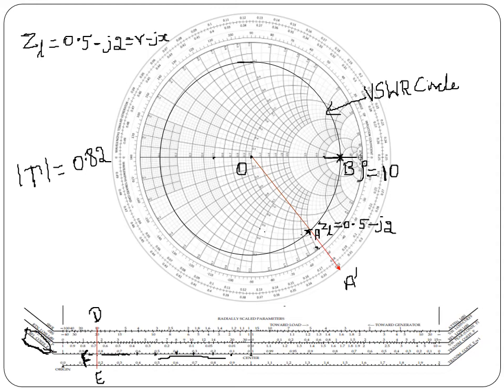In the third circle, this circle shows the reading in degrees corresponding to the angle of reflection coefficient. The line OA extended up to A dash.